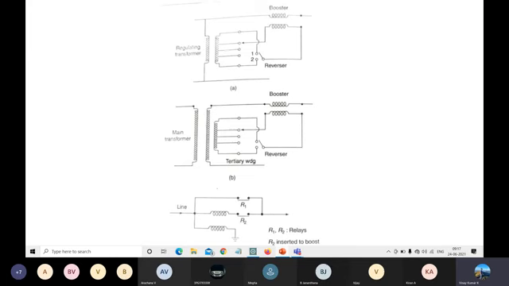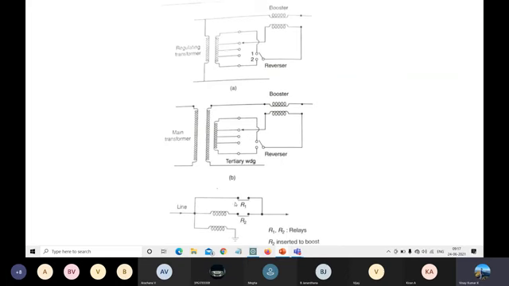And the main thing is that these kinds of transformers will mainly be used in our distribution feeders. In distribution feeders, we can witness these kinds of transformers. So the operation will be like this.